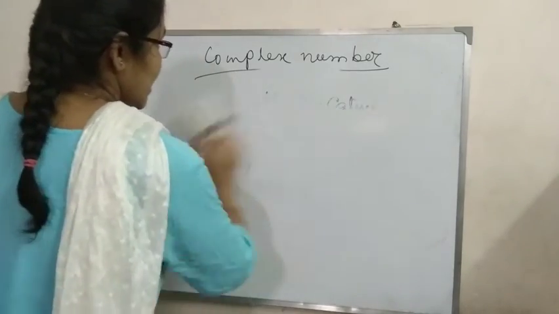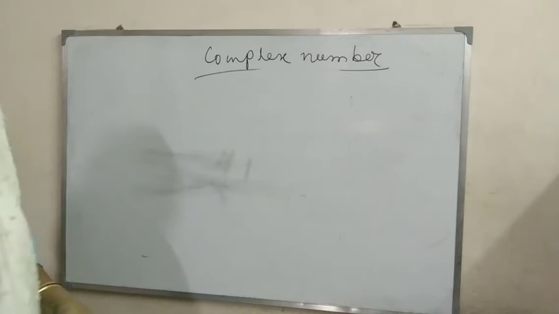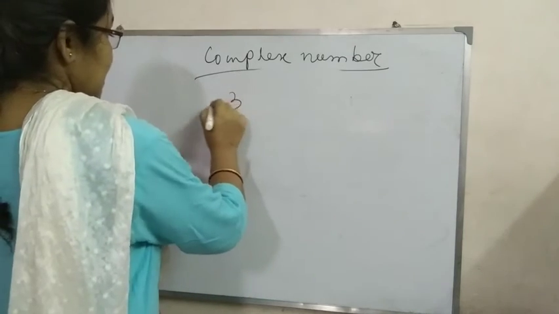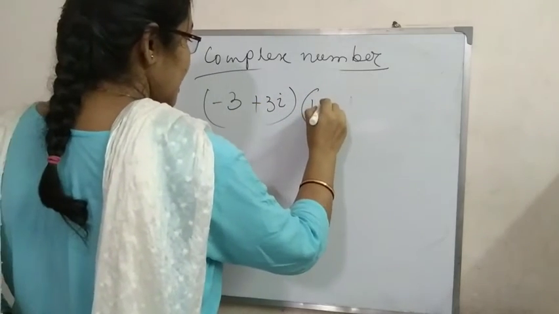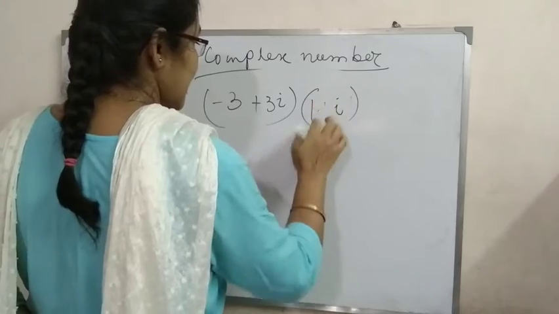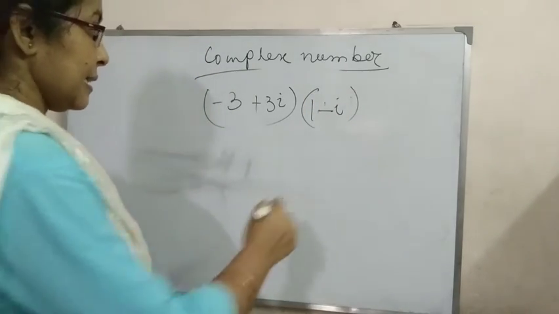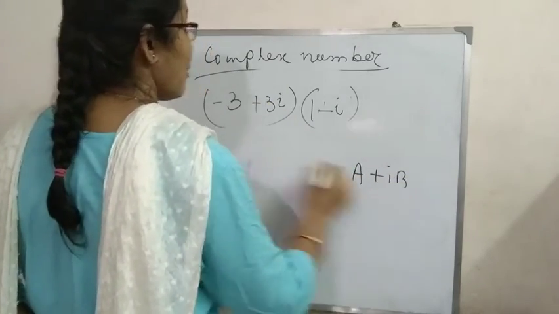Okay. Now I am going to do some sums. If I have minus 3 plus 3i and 1 plus i, 1 minus i, express it as a plus ib form.